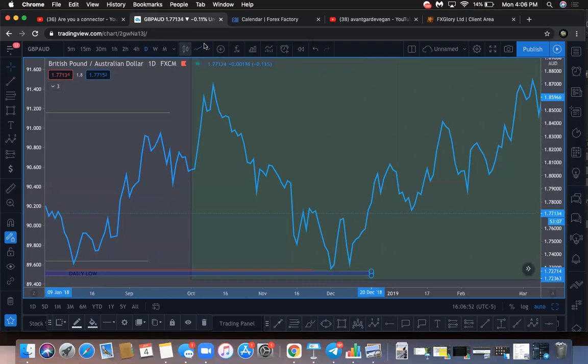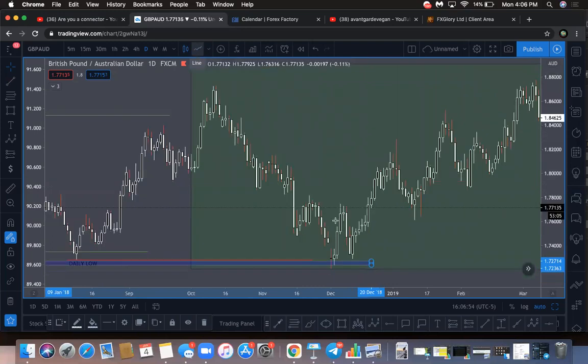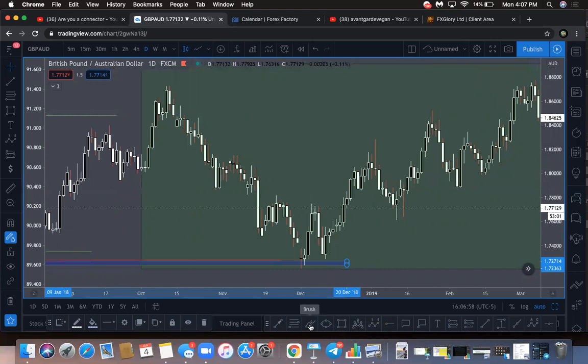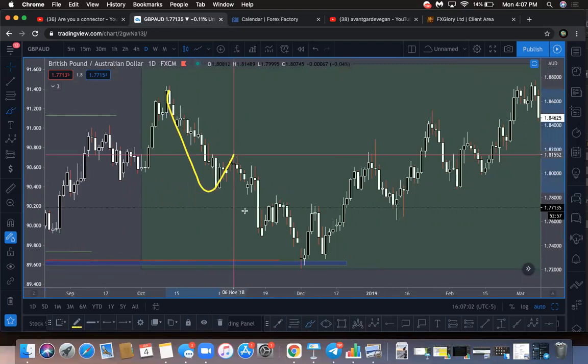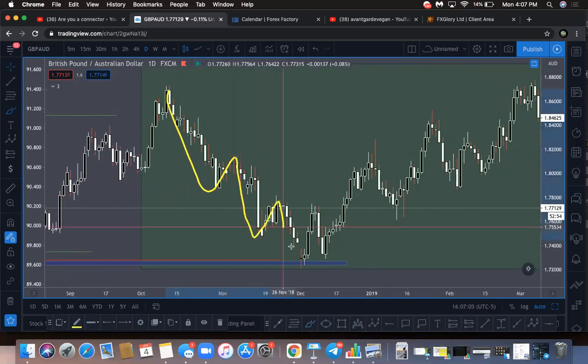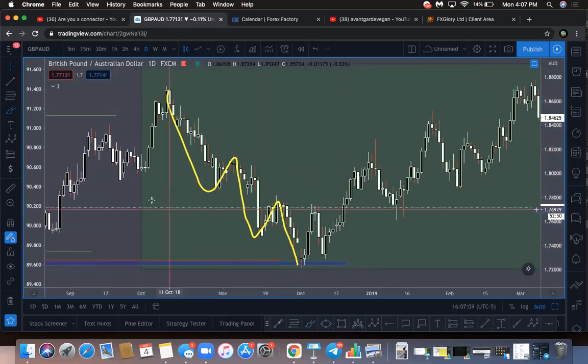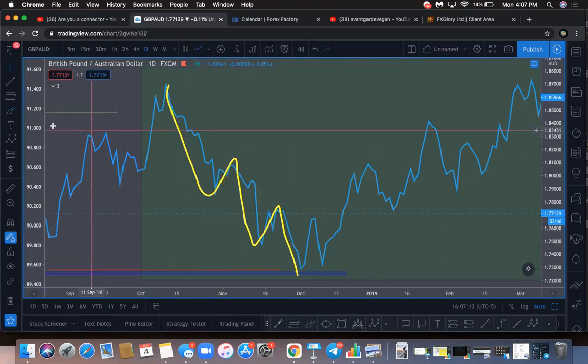So we're playing this off the daily. So we see that we have lower low, lower high, lower low. So now let's truly identify these lower lows and lower high points.